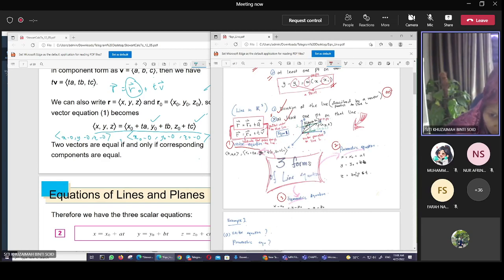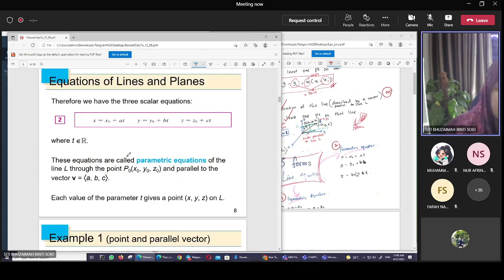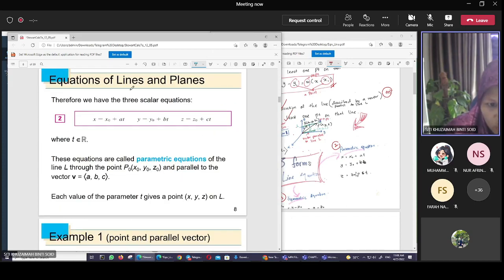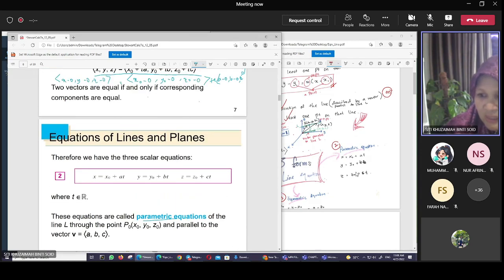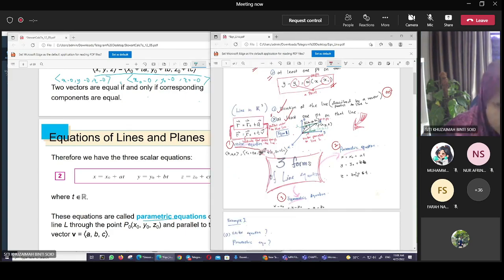We need to set up the equation of the line. This is another form of equation of a line, which is the parametric equation. If you notice, the parametric equation actually comes from the vector equation. What we do is we break it up. For x, we take out this component, x0 plus at.